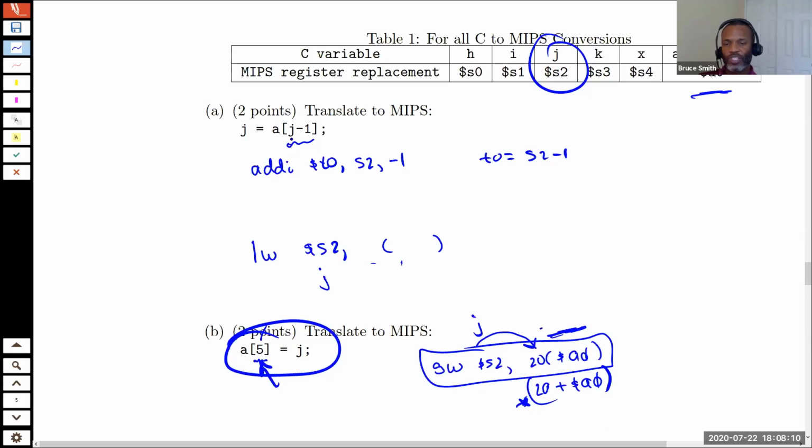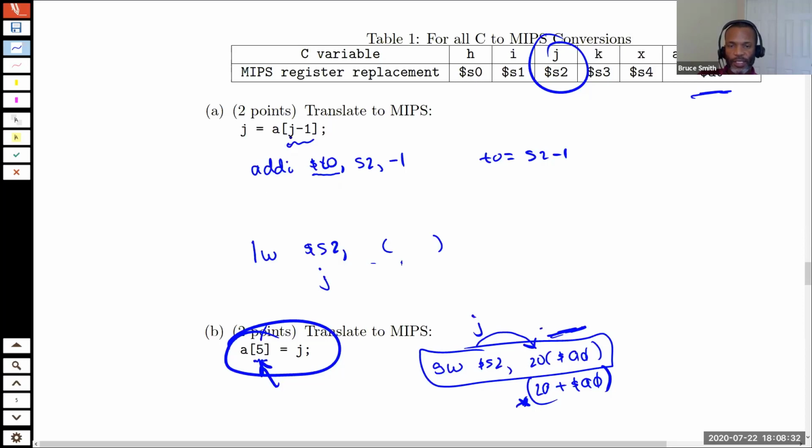So I have not changed J because this is not J minus minus. It does not ask you to change the value of J. So be careful with that. We can't change it at this point. So we just have a holding spot for it.